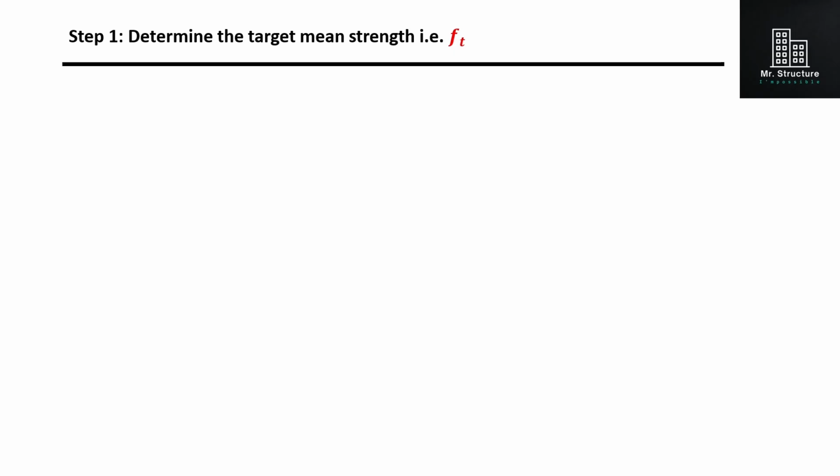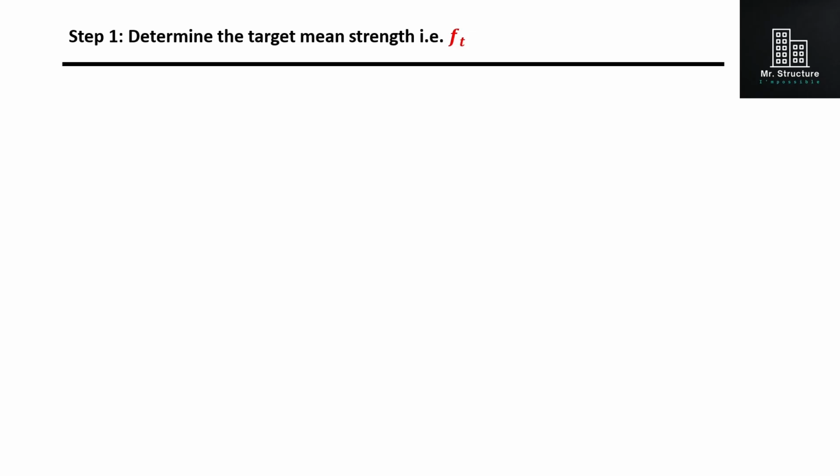In step 1, we determine the target mean strength Ft. In order to achieve the condition that no more than 5% of the samples are allowed to fall below a certain value, that is 20 MPa in our case, we set our target slightly higher than the characteristic compressive strength.